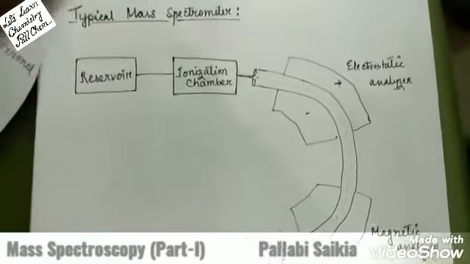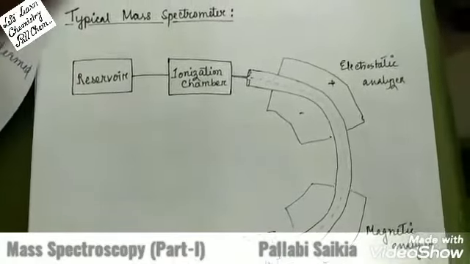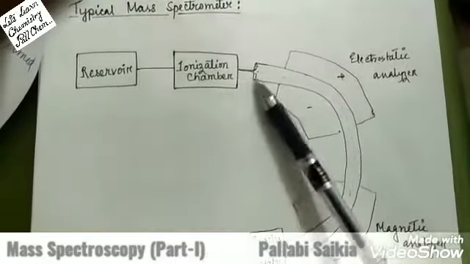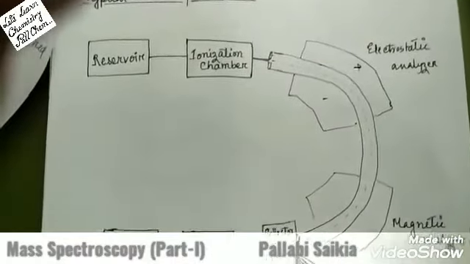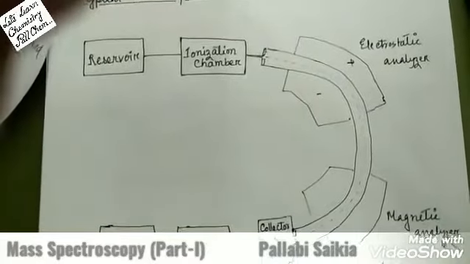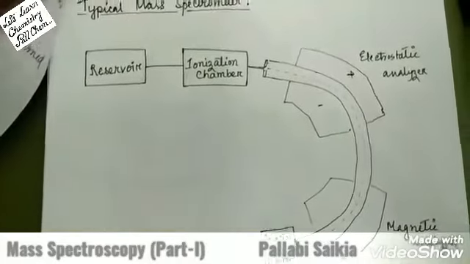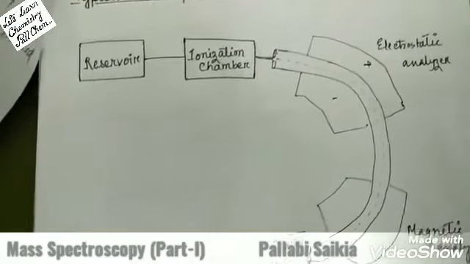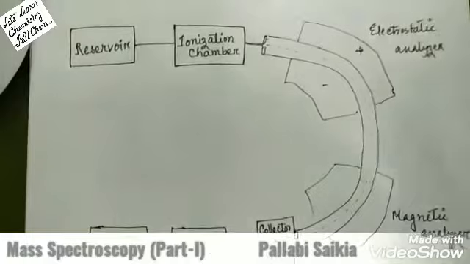This is a typical mass spectrometer, which consists of a reservoir, ionization chamber, electric and magnetic field, collector and detector, amplifier and recorder. In the reservoir, the molecule is vaporized and passed into the ionization chamber.